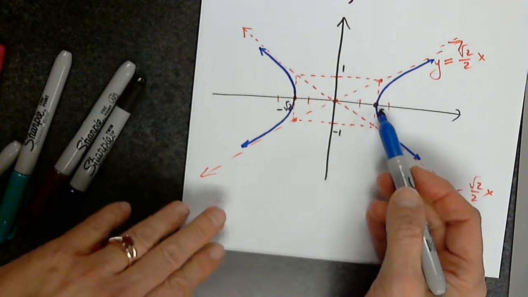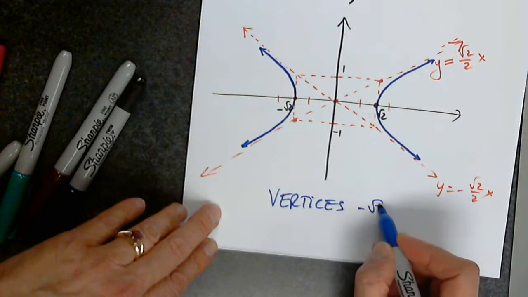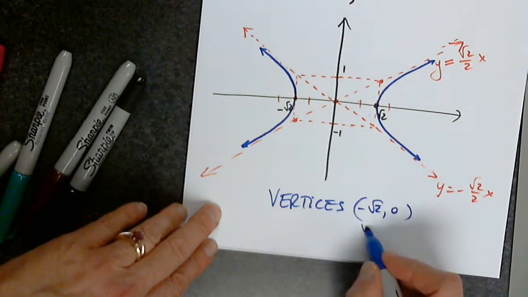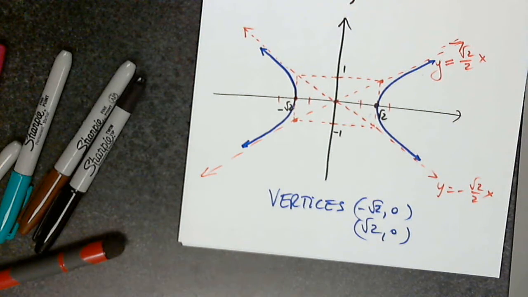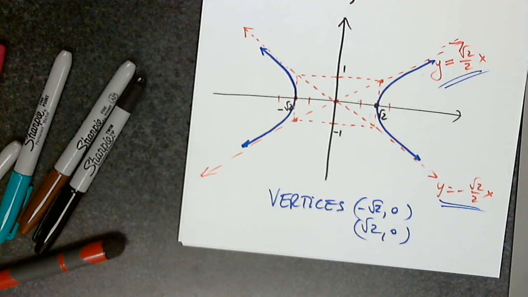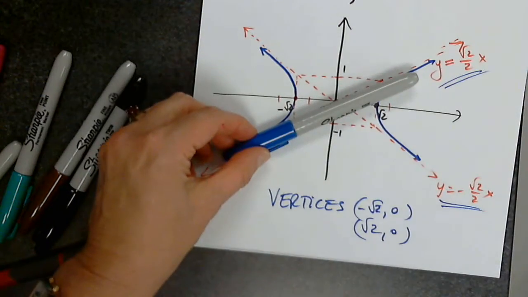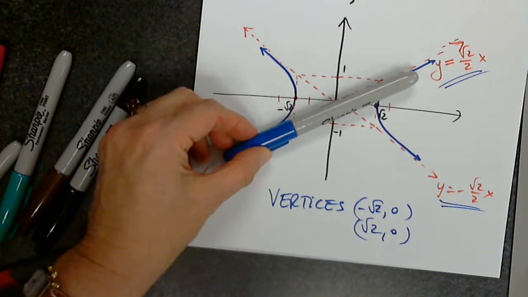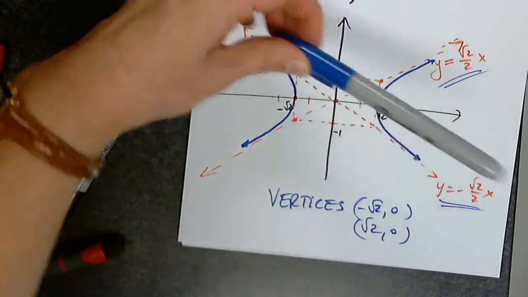So the vertices are these: negative the square root of 2 comma 0 and the square root of 2 comma 0. We were asked to find the asymptotes. We did. Here they are, this and this. Will it always be opposites? Which one? The asymptotes? Yes. Because this one has a positive slope and it goes to the same points, and this one has a negative slope and it goes to the same points, basically.